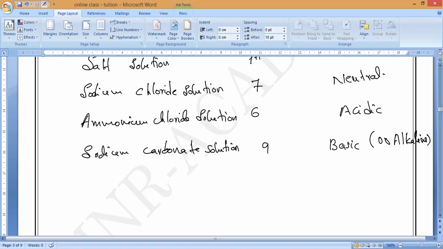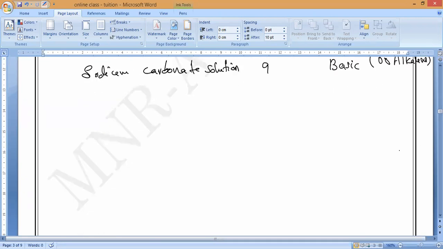I will tell you what hydrolysis is. Please remember this note. How we explain the acidic and basic nature of some aqueous solutions of salts is based upon a phenomenon. What is the phenomenon?